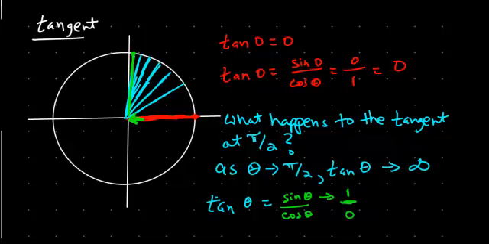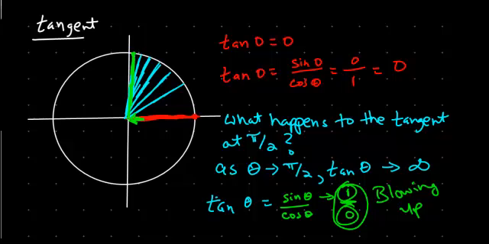And so we see that as we get closer and closer to pi over 2, that 1 divided by 0 is blowing up. As this gets close to 1 and that gets close to 0, we divide and we're getting really big numbers. And so that's why this slope here is approaching infinity as theta approaches pi over 2.